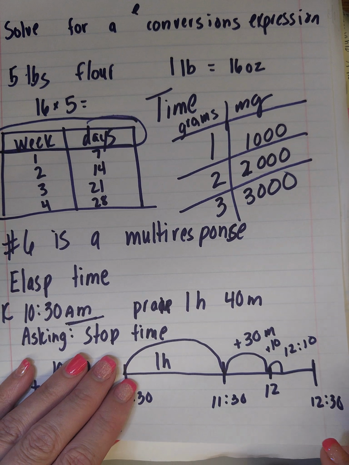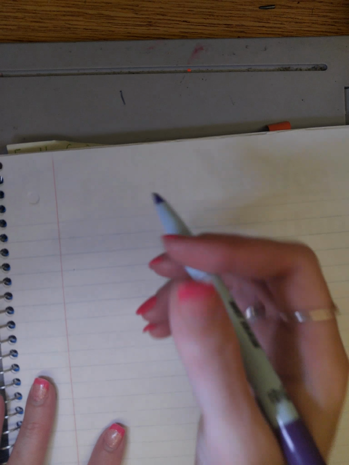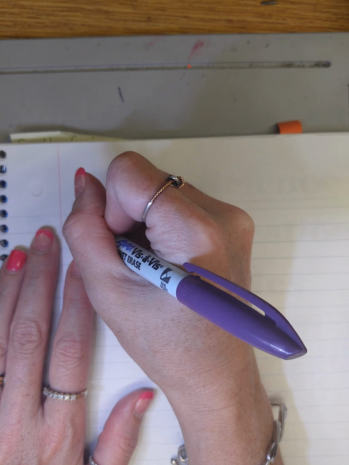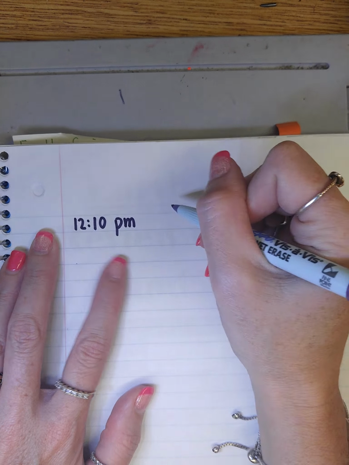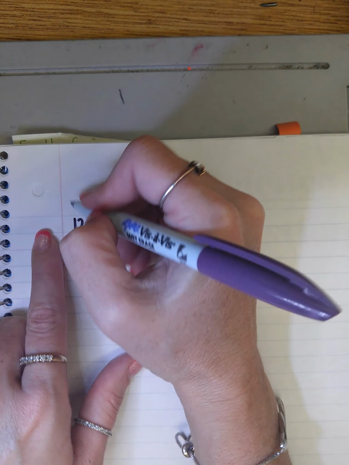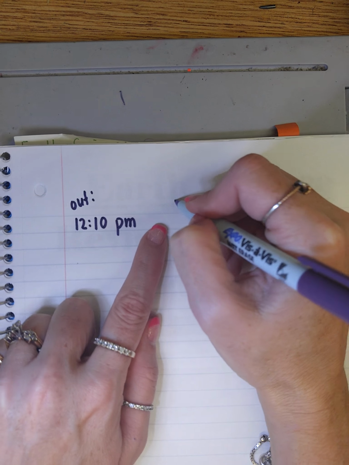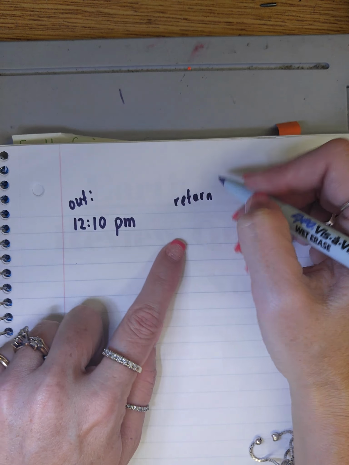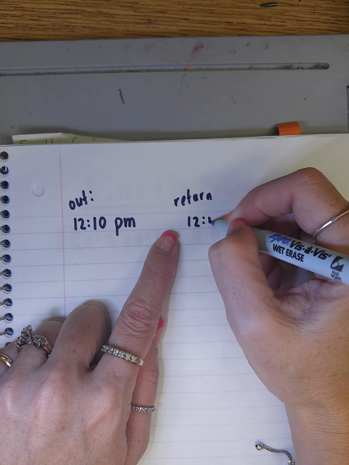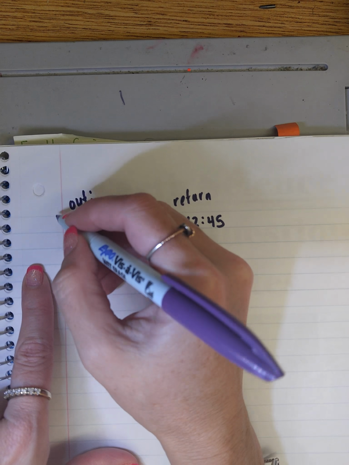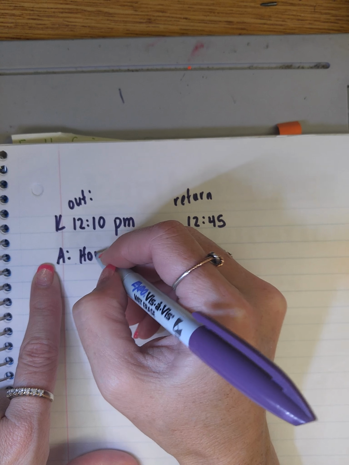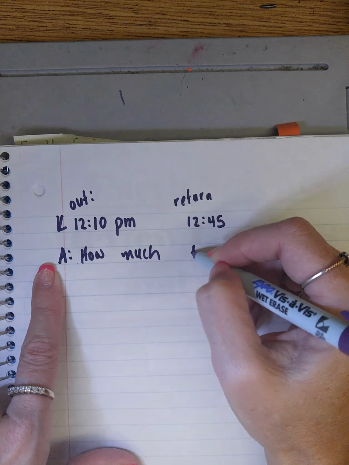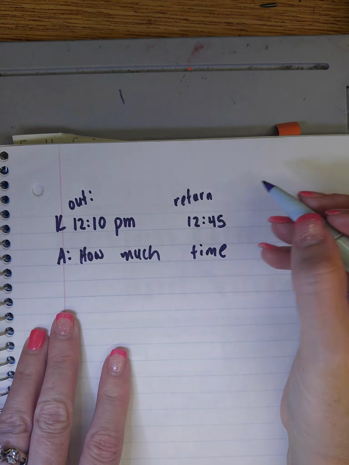You will have to be able to figure out how much time you spent on an event. So for example, we went out in our garden at 12:10 p.m. We returned to class at 12:45. What are they asking? How much time were we outside? This is an example of a type of problem we have.